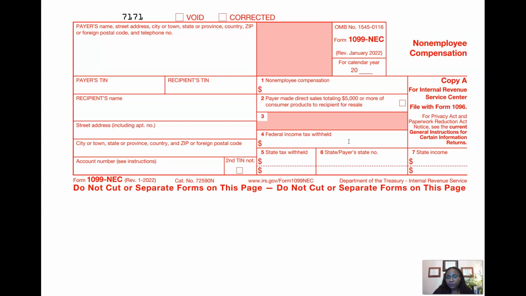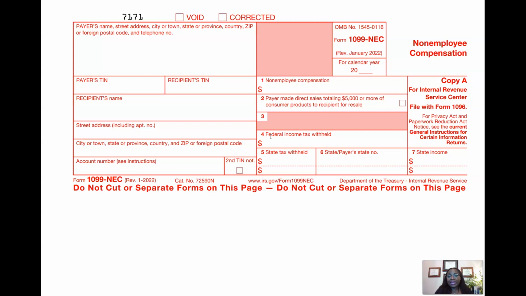Okay, moving on, boxes number 4, 5, 6, and 7 are only if you are withholding taxes for this contractor. And in this situation, it could happen. But again, most small businesses who have contractors working for them don't want to get into withholding taxes because it's just another administrative task that they have to keep up with. So more than likely, they're not going to withhold taxes.